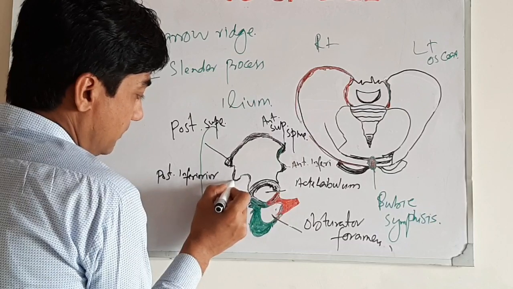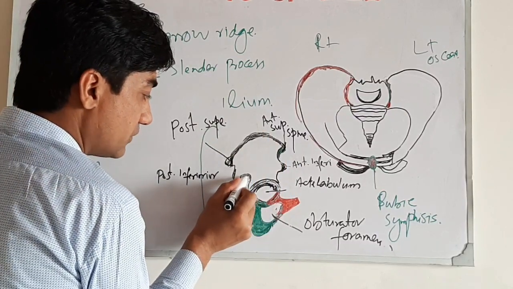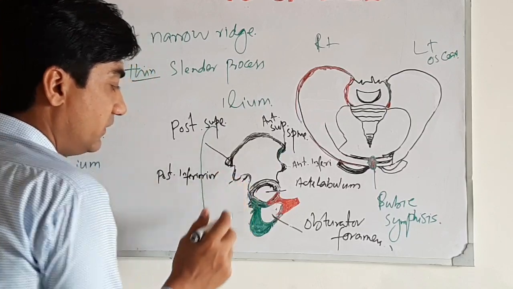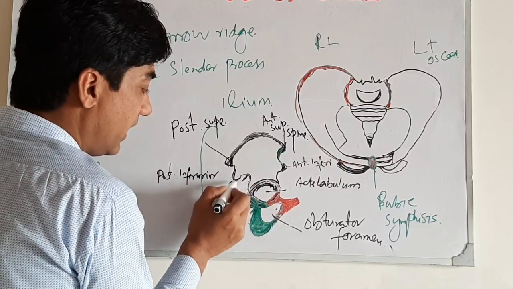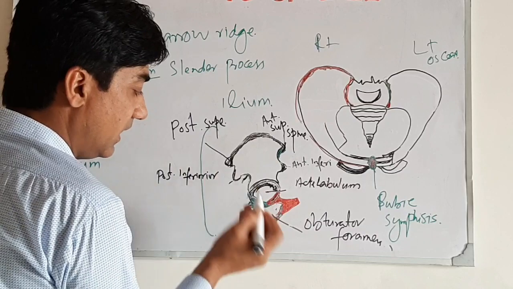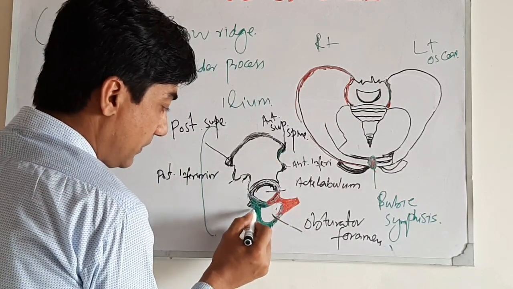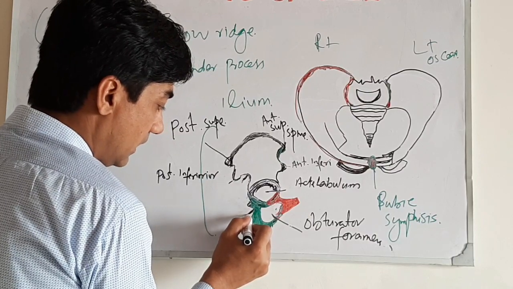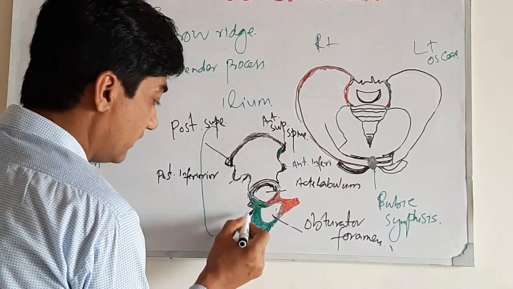Posteriorly, below the posterior inferior spine, there is a notch. Basically there are two notches in this os coxae bone. One is inferior to the posterior inferior spine and the other one is here. It is a part of the os coxae and the name of this bone we will discuss later.